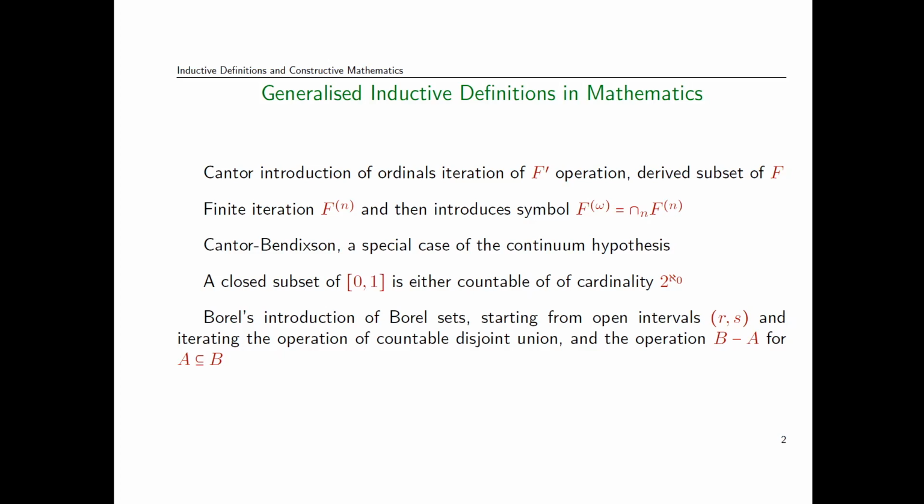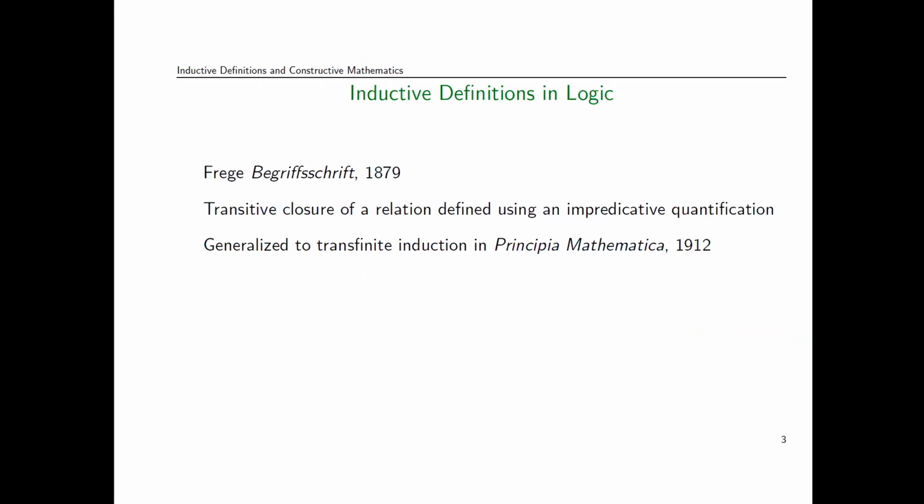So that's one example in mathematics, and another example that we will also discuss in the setting of constructive mathematics is Borel's introduction of Borel sets, where you iterate the process of disjoint union and subtraction, starting from open intervals. Now, inductive definition in logic.